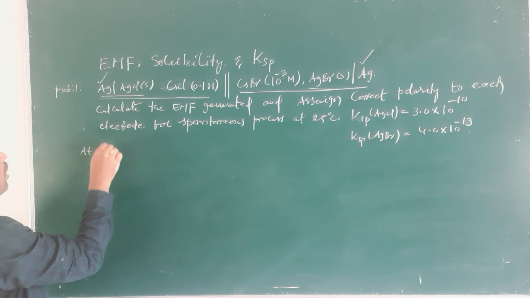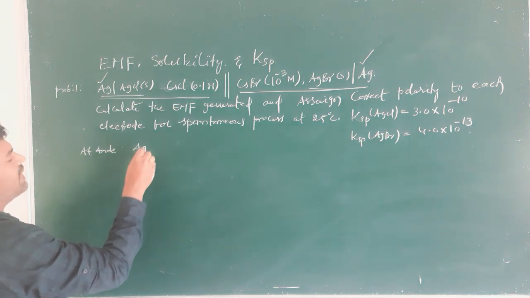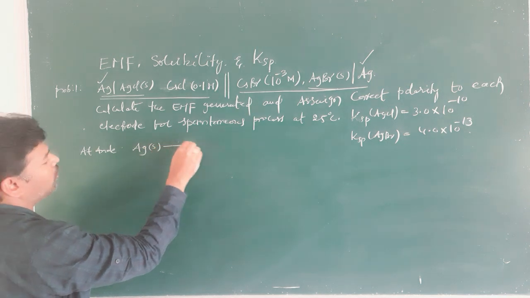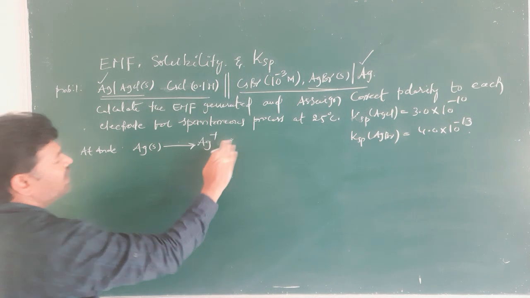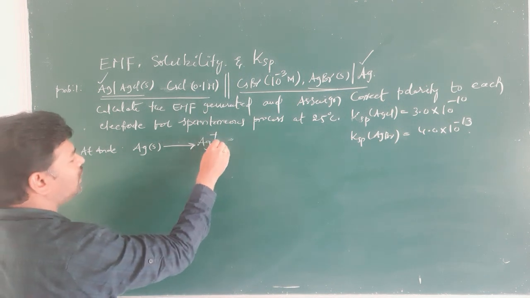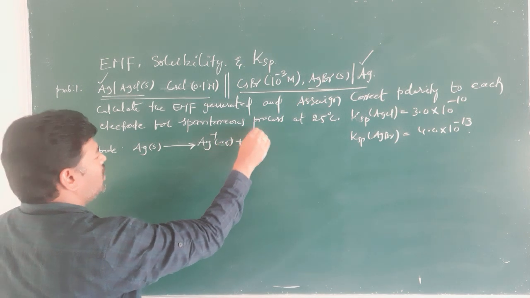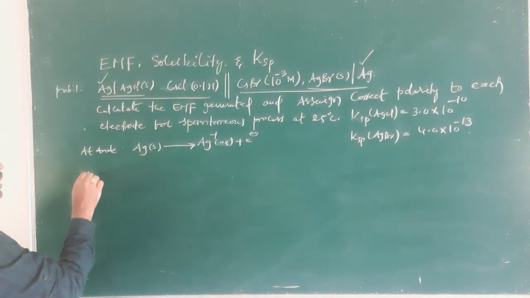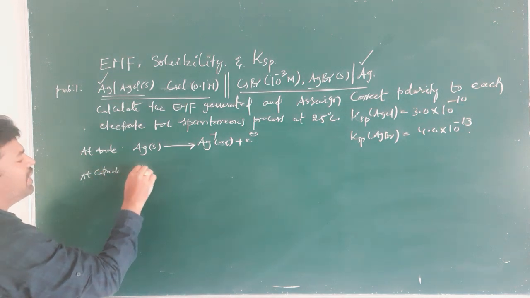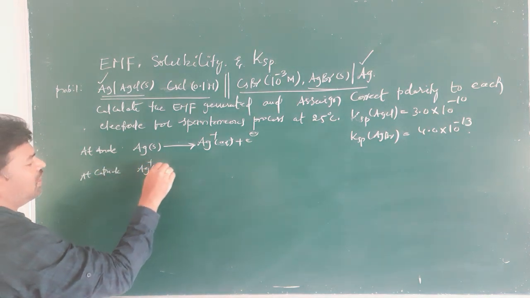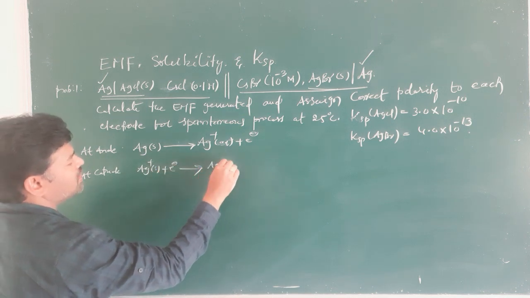At the anode, oxidation takes place, that is, Ag solid undergoes oxidation to Ag plus plus an electron, and at the cathode, Ag plus from the solution undergoes reduction to Ag solid.